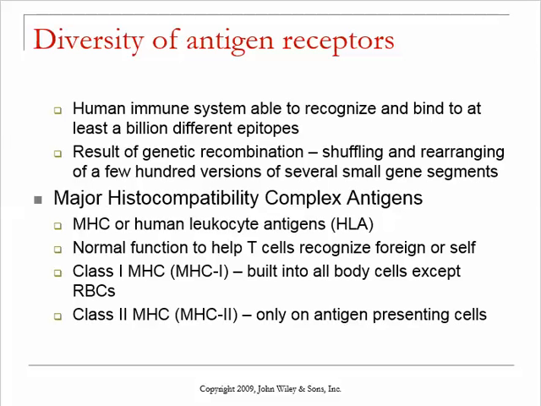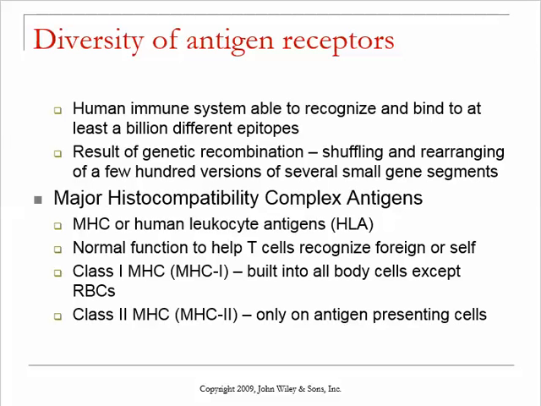The MHCs vary from individual to individual. How much different they are depends on how closely you're related. Now, they're used to determine which cells are foreign and which cells are self, which ones do you attack and which ones do you not attack.